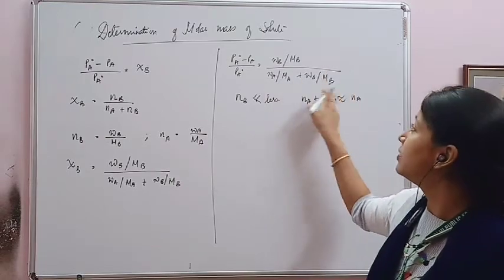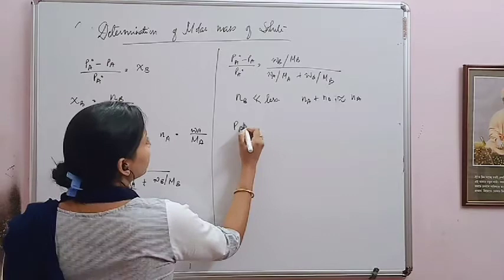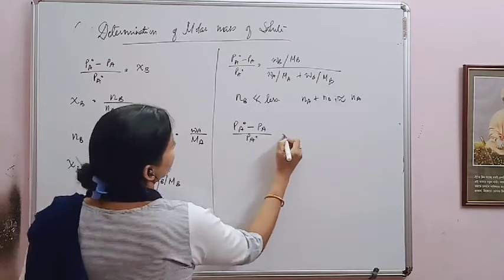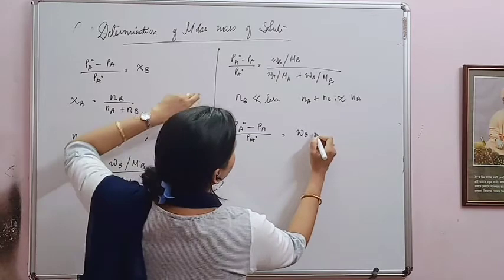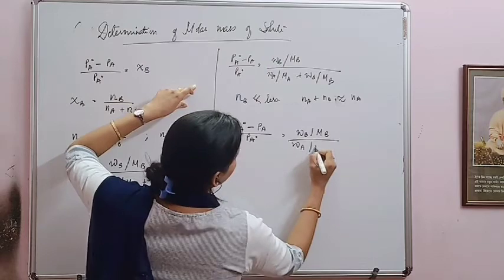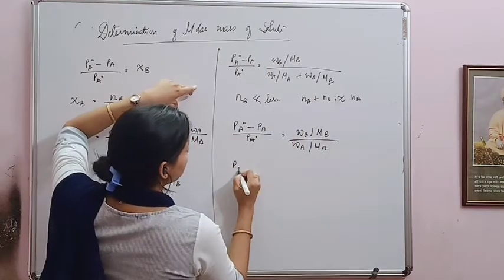So I can ignore this entire factor in the denominator. So what does my relationship become? My relationship becomes PA naught minus PA by PA naught is equal to WB by MB divided by WA by MA only.